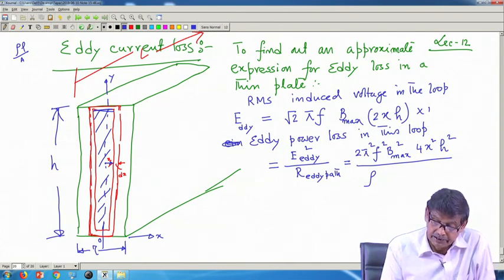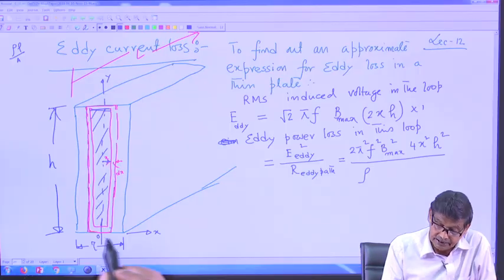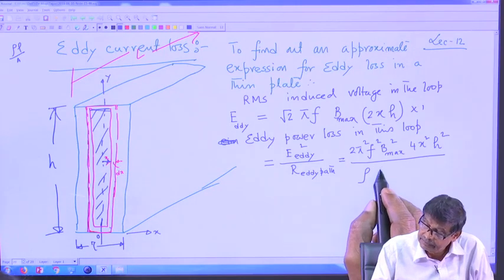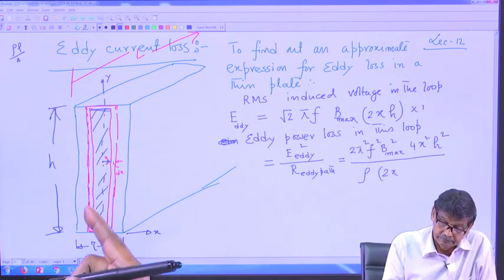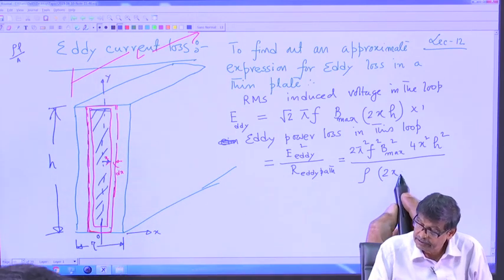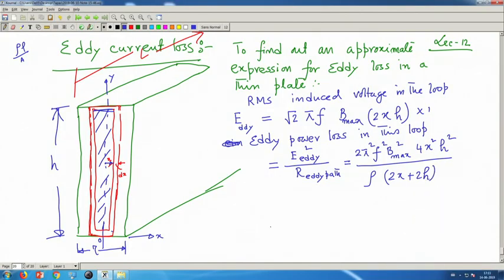L will be how much? The length of this path, the current path. It will be 2x plus 2h, the perimeter of this path, divided by the cross sectional area through which this current is flowing.